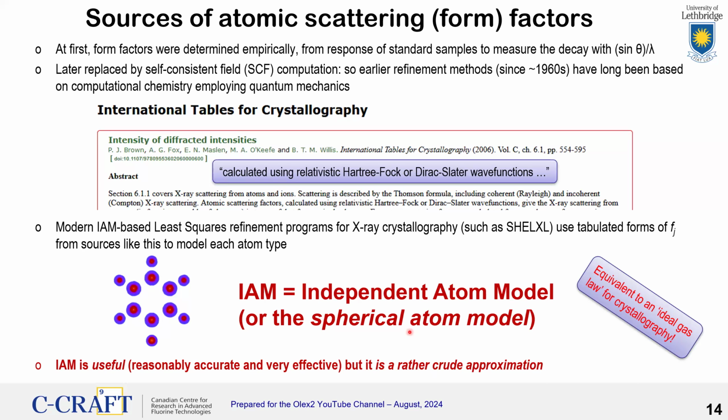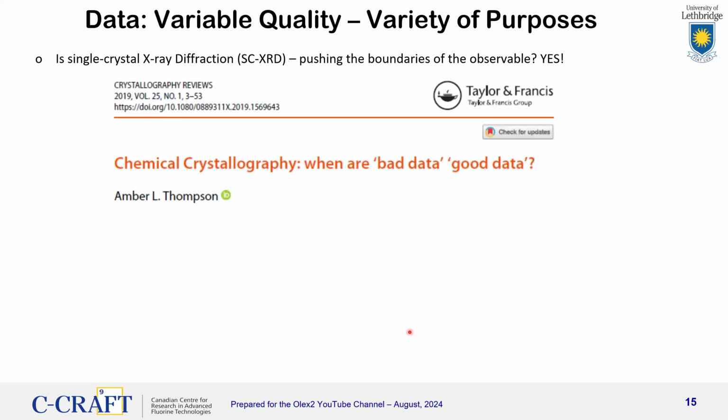But it is such a simple, robust theoretical model that most of advanced thermodynamics is based upon the ideal gas law, and then they do some corrections from fudge factors after the fact to get to more accurate values if they're needed. And it's somewhat similar with the independent atom model. It works really well. It'll probably always be with us as this kind of foundational method, but it is just like the ideal gas law, an approximation, and sometimes a rather crude approximation.